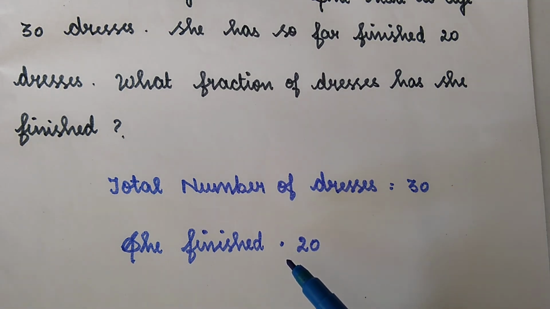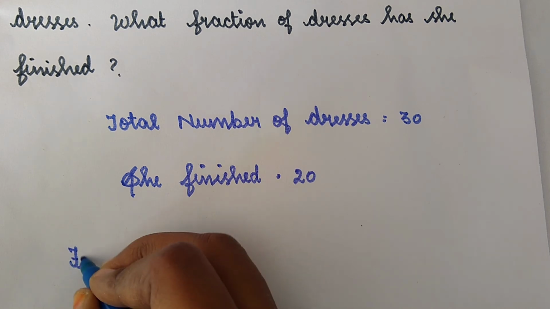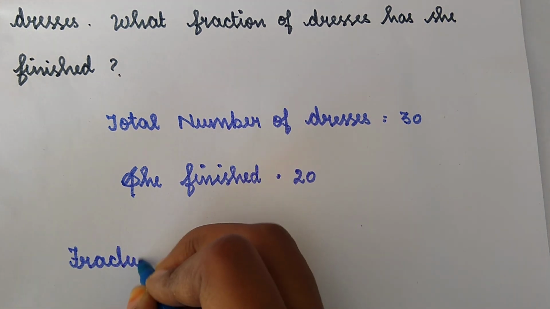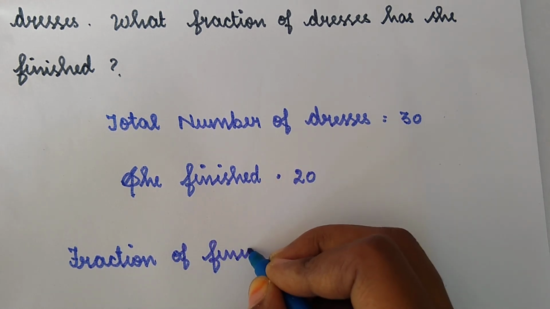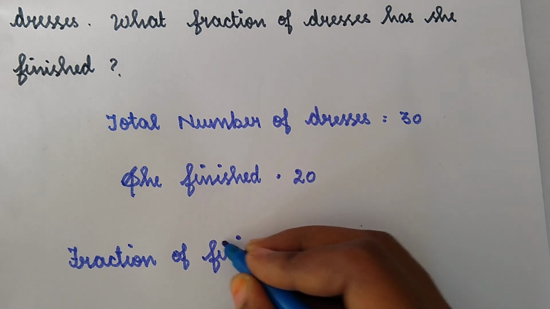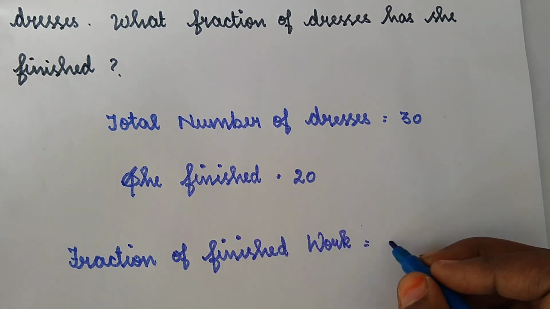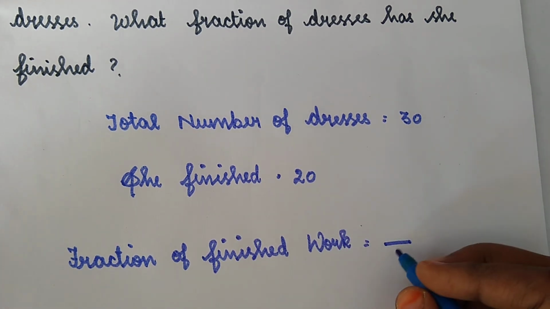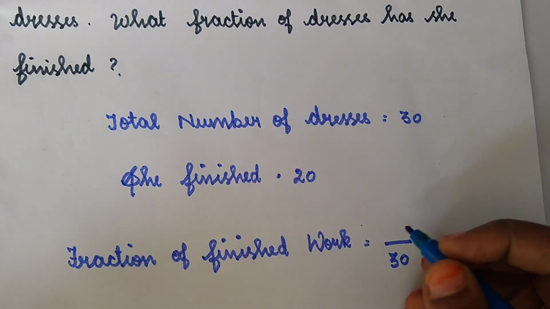So we have to find the fraction of finished work. Out of 30 she finished 20 dresses.